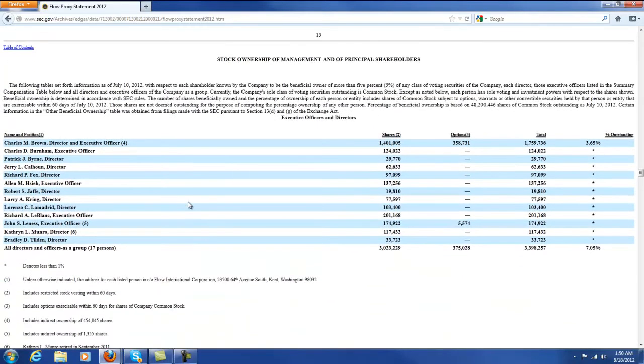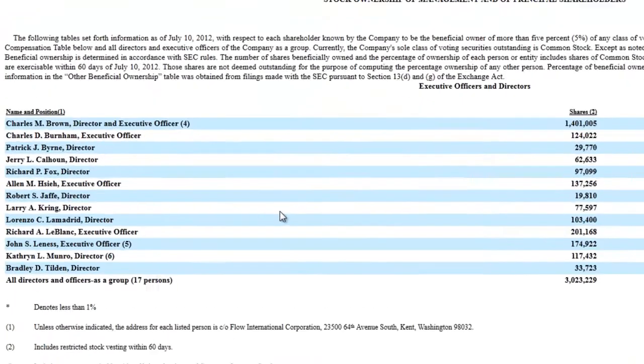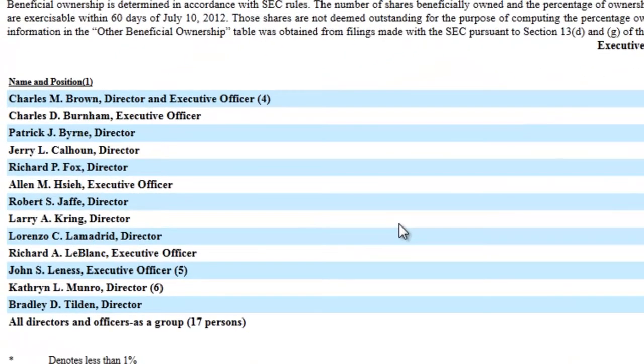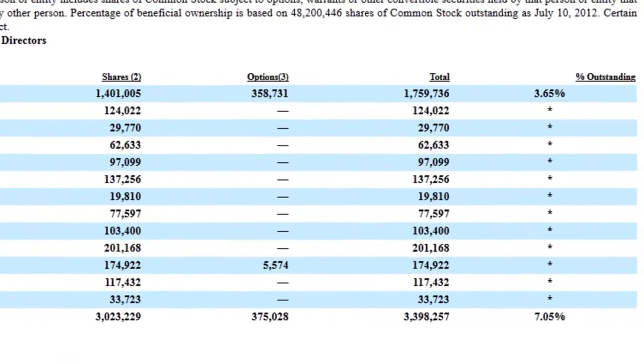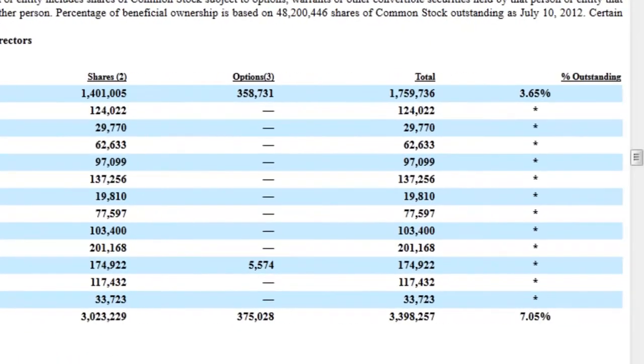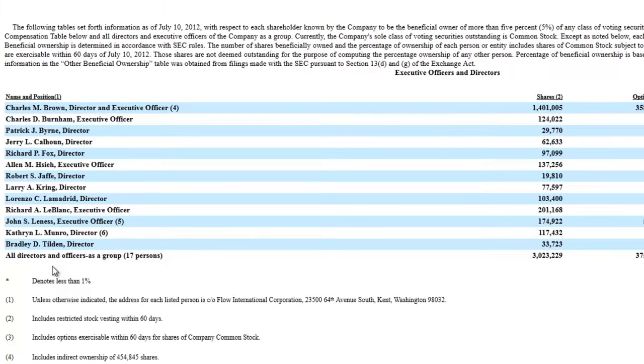Then you have a table of stock ownership of management and principal shareholders. This is the section where you learn how many shares the CEO owns. Does he own any? As a group, all officers and directors, what's the percentage of the company that they own? Again, you want to know this. Do they have any skin in the game?